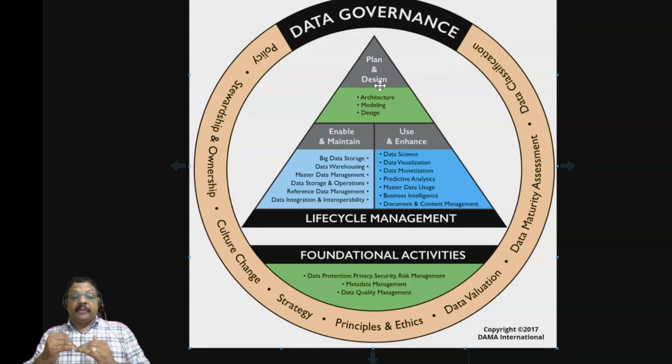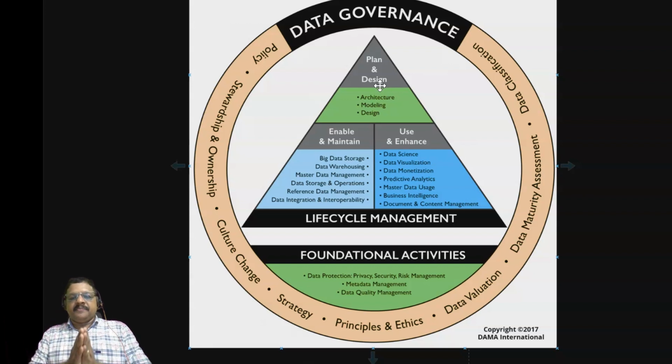Then coming to the foundational activities, like data protection, that means managing privacy, security, and risk management. Then we have metadata management and data quality management. Basically, they are fundamental activities to make the whole process work.